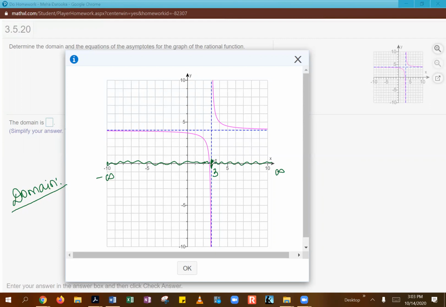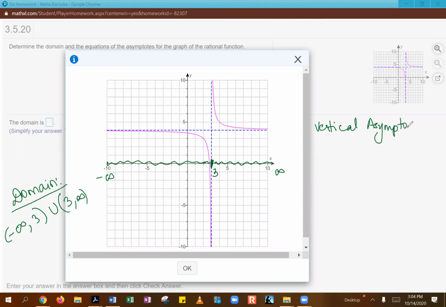So yeah, very good. Nathan and Abdulaziz were looking from negative infinity to 3, union 3 to infinity.